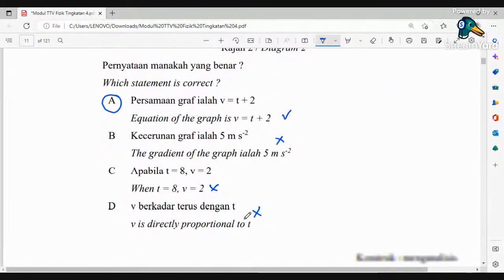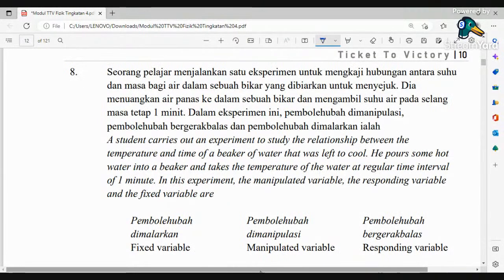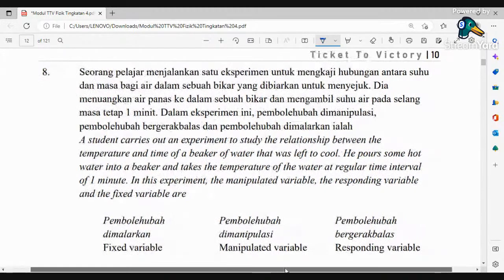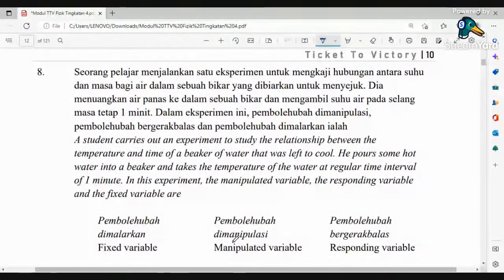Okay, we go to the next one. Number 8. A student carries out an experiment to study a relationship between time and temperature. When you see physical quantities, you can highlight them beforehand. Time, temperature. Here is the MV and RV.